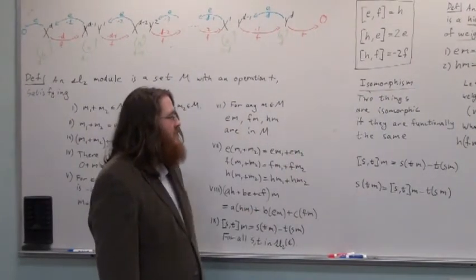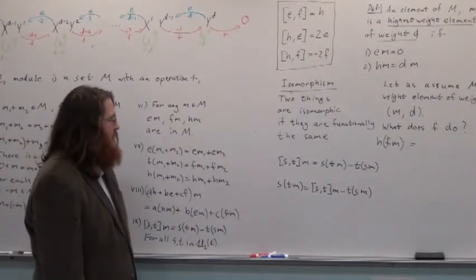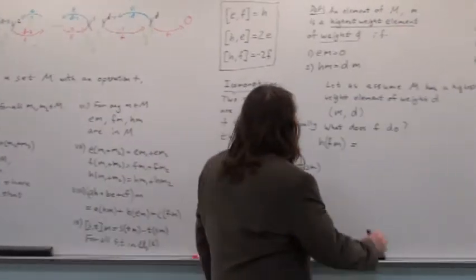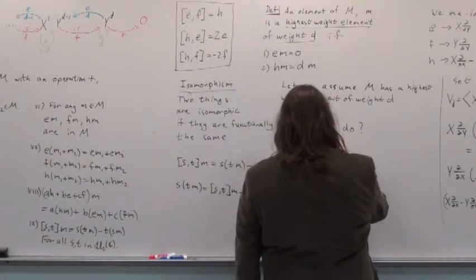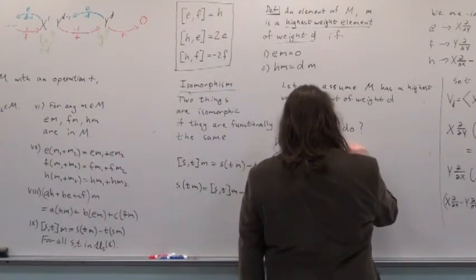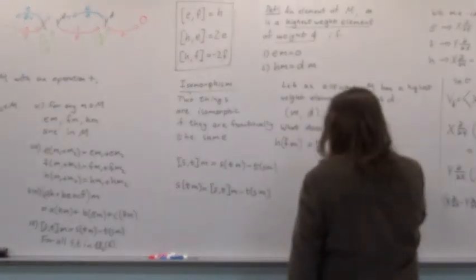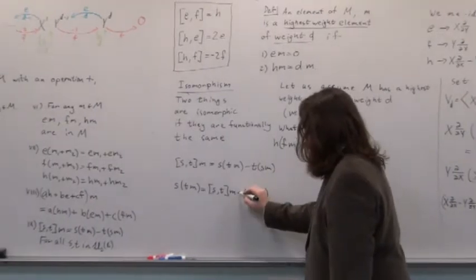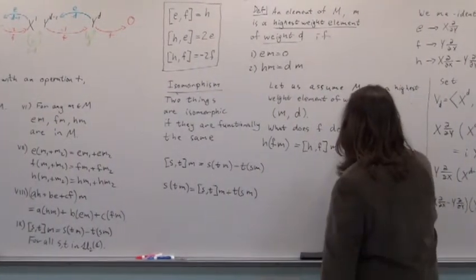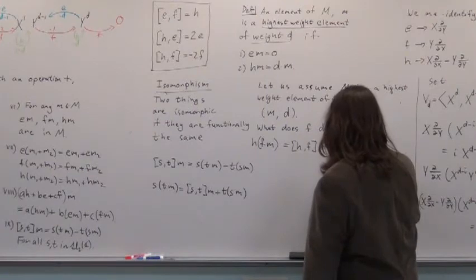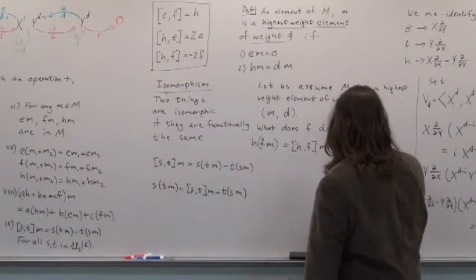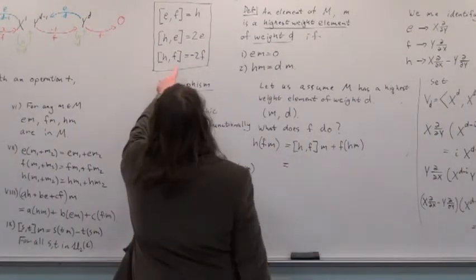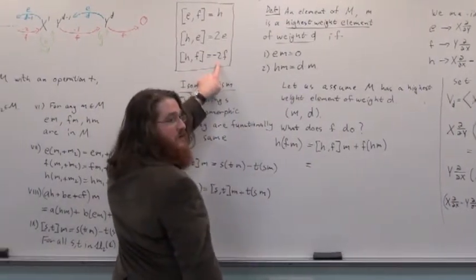Okay, so let's apply that to H times F. In that case, H is my S, F is my T. So this is equal to the bracket of H and F times M, plus F on H of M. Well, H on F is negative 2F.